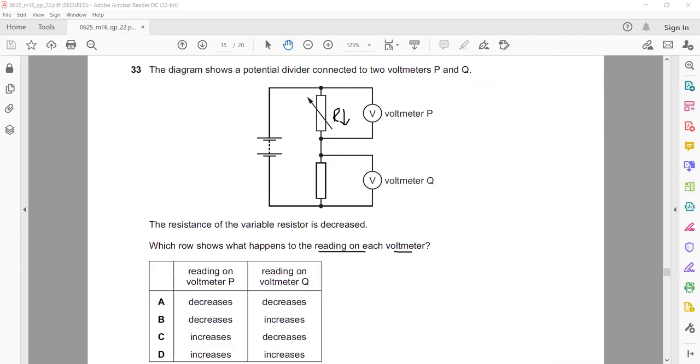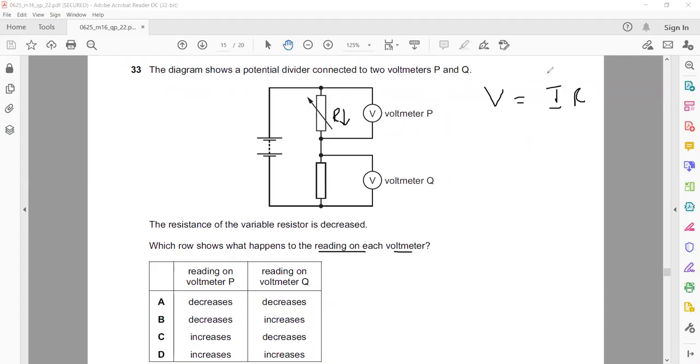What is the answer for question 33? Look, as we decrease the resistance of the variable resistor, you have the formula V equals IR.